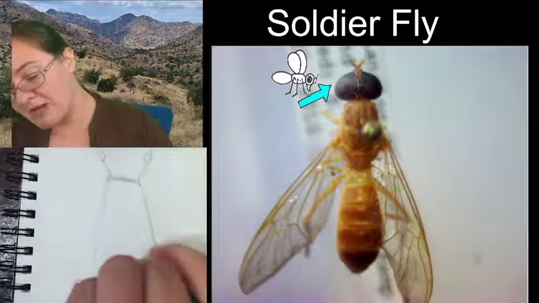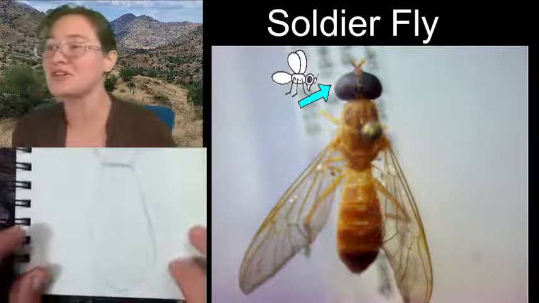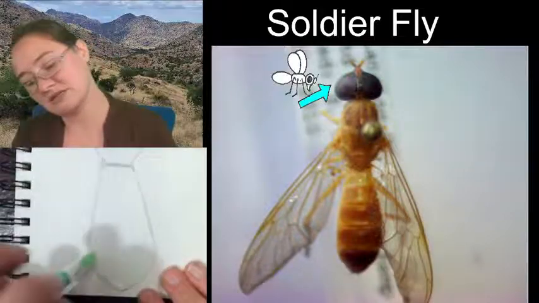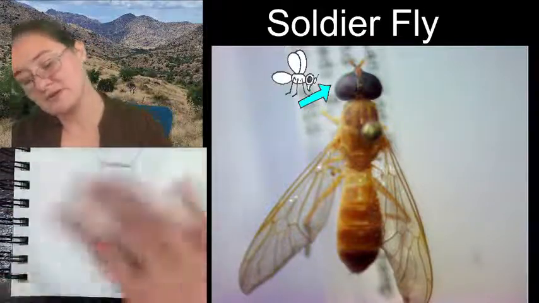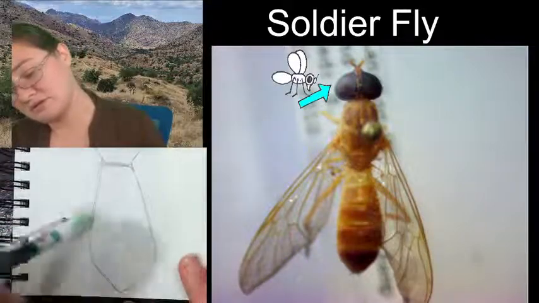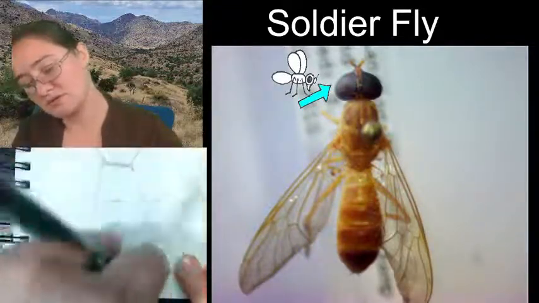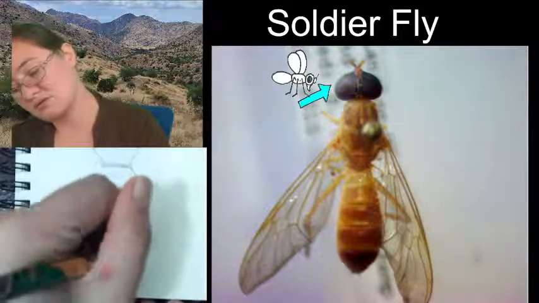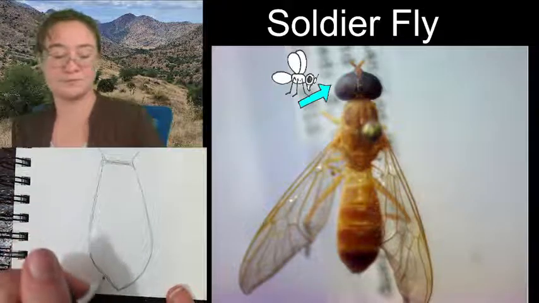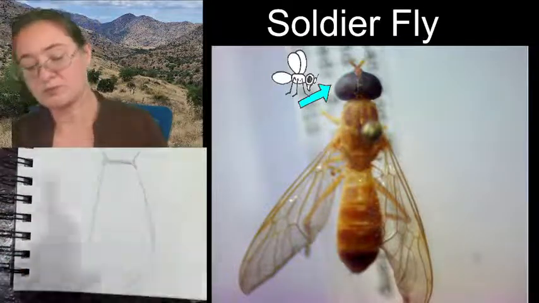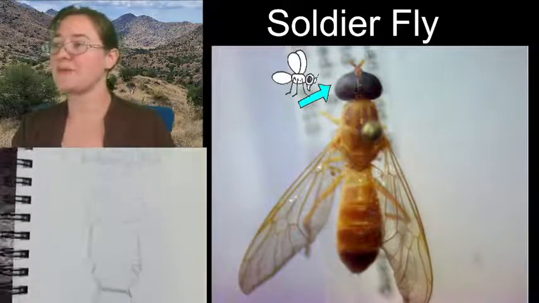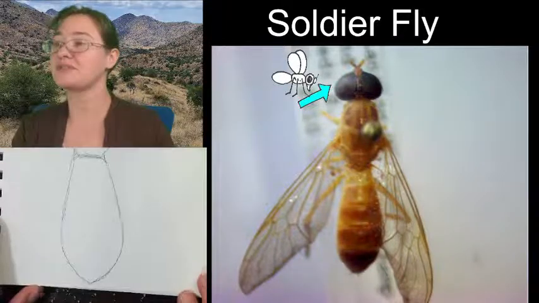So, as we know, insects are symmetrical, right? That should be about right. Perfect.